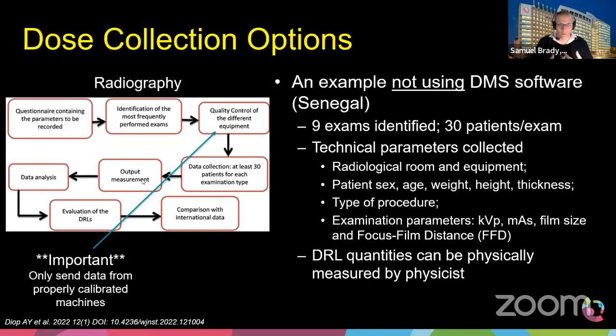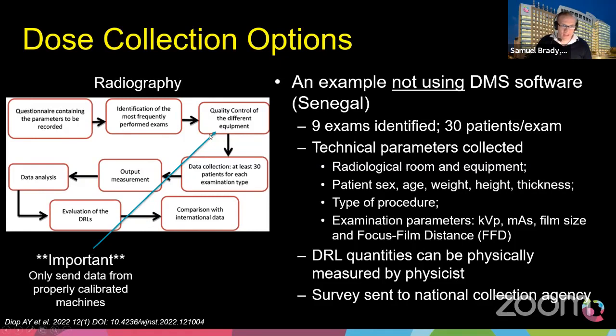So you can work with physicists or clinical engineers, and you can collect that data, and you can still then use that data to transmit or submit that to the national level. So using this process, it's definitely more manual and a little bit more time consuming, but it still enables everyone on a national level to participate.